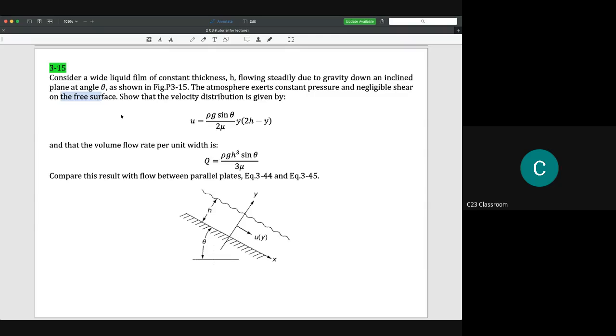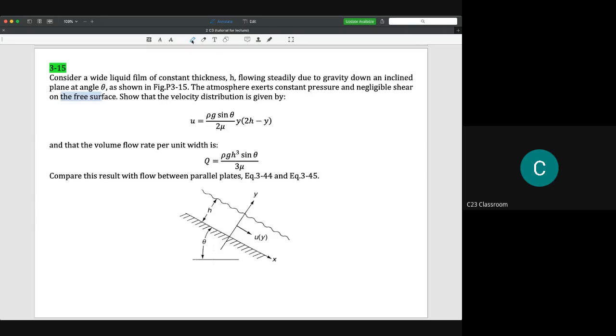Show that the velocity distribution is given by u equals rho g sine theta over 2 mu, times y (2h minus y), and that the volume flow rate per unit width is Q equals rho g h cubed sine theta over 3 mu. You may also compare this result with flow between parallel plates as shown in equation 3.44 and equation 3.45.